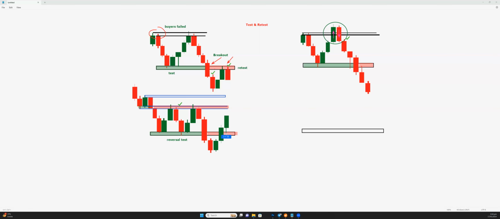So our entry point will be on the support, not on the open price, because sometimes this candle can be a small or weak red candle, or a doji, or a small green candle. That's possible.